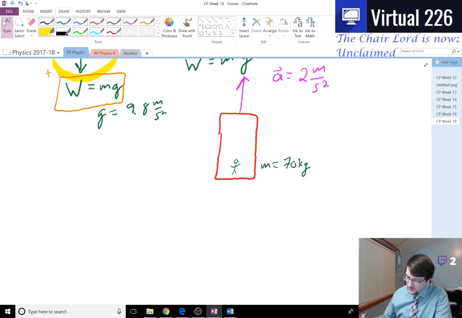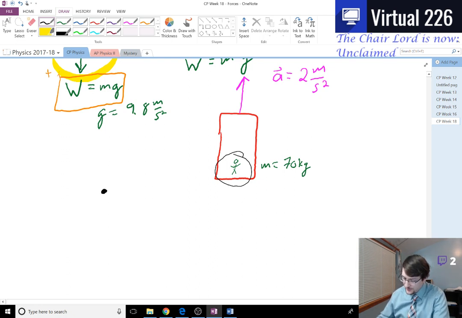So if we wanted to do this, a lovely and very helpful way is to draw a free body diagram, because there's a few things going on here. Here's you. You've got two forces acting on you.